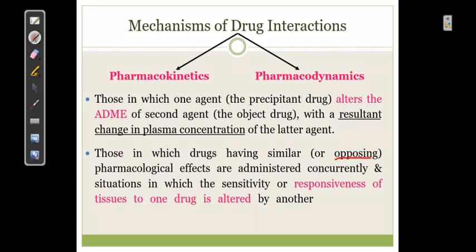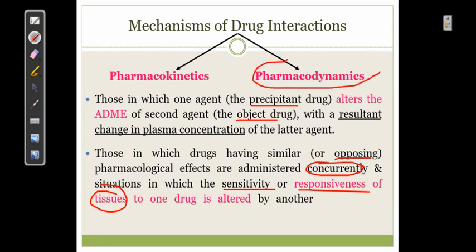If they are administered concurrently or maybe prior, that also is possible, then it could result in a situation in which the sensitivity or responsiveness of a tissue to one drug is altered. In short, the pharmacodynamics of the object drug are altered by the precipitant drug. Then you will refer to it as a pharmacodynamic drug interaction.